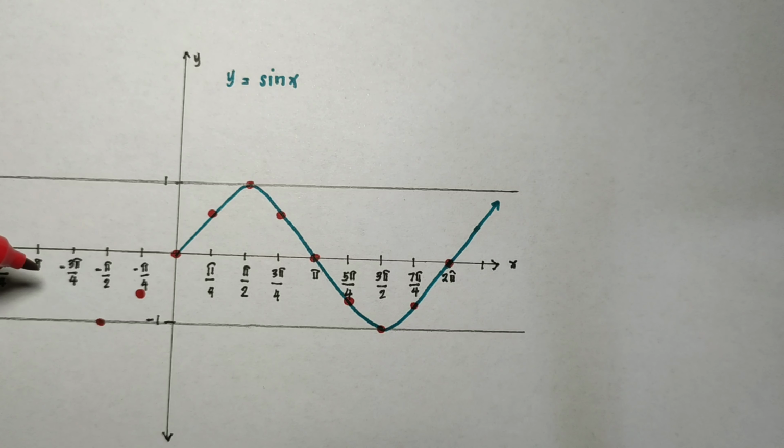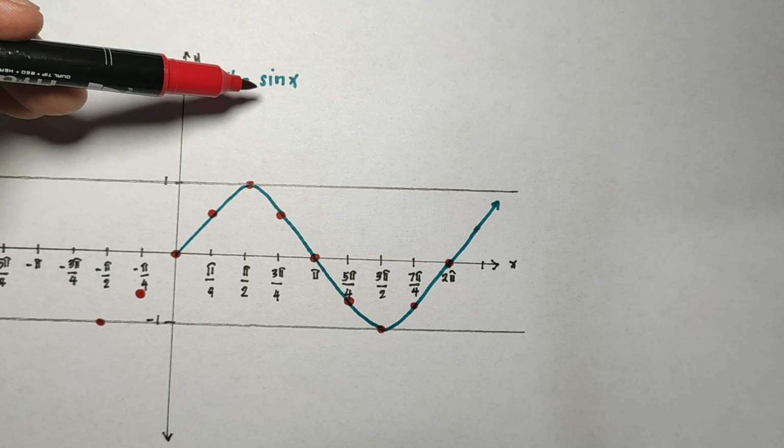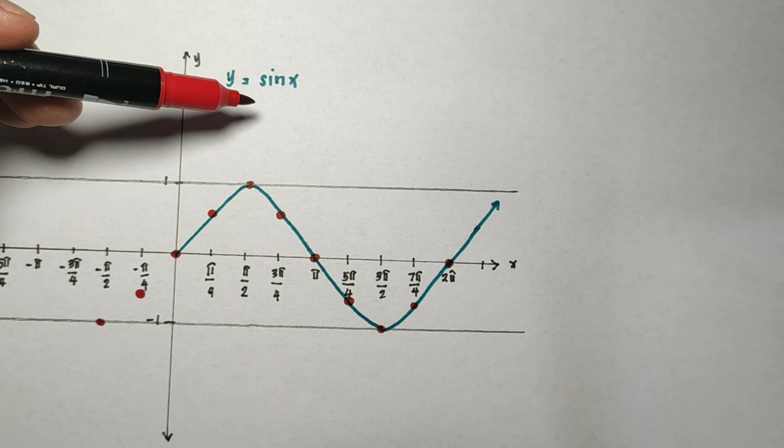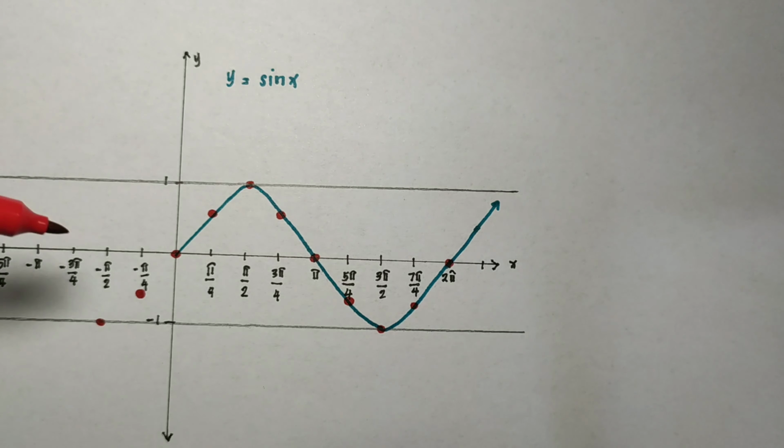When x is negative 3 pi over 4, y equals sine of negative 3 pi over 4, and the value of that is negative square root of 2 over 2, which is negative 0.71. When x is negative pi, you will get that, and when x is negative 5 pi over 4, you will get positive square root of 2 over 2, or positive 0.71.